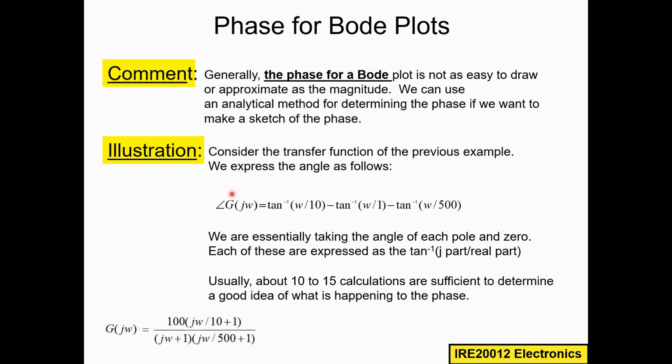Remember, we represent the transfer function with the angle of G of j omega equal to the formula. We had seen 5 different cases. The formula is tan inverse of omega by the constant, so omega divided by 10, minus and so on. This is just for the previous example, which we simplified earlier.